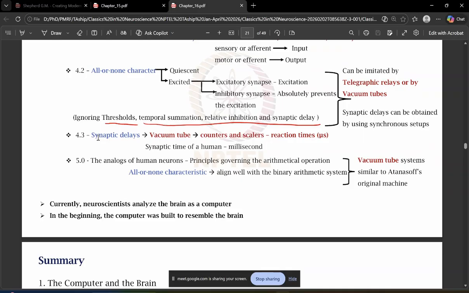Then about synaptic delays. He said that the way neurons have synaptic delays, the digital computer shall also have one.